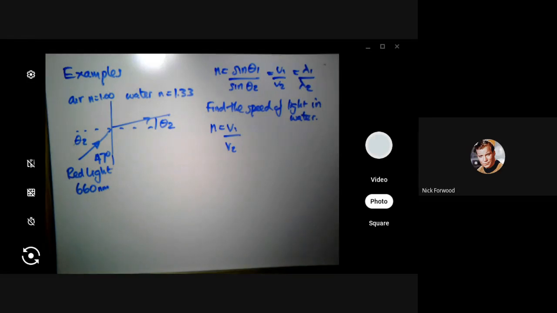If you then just pick a number out of your head, oh yeah, I can remember we did this lots of times with Mr. Ford, and it's 2.26 times 10 to the power of 8, but if they give you a very slightly different refractive index, and you just write down 2.26 times 10 to the power of 8, you've found it, but it's the wrong answer. So you're probably not going to get the information given to you in the table to look up. You're going to have to use the calculation method.